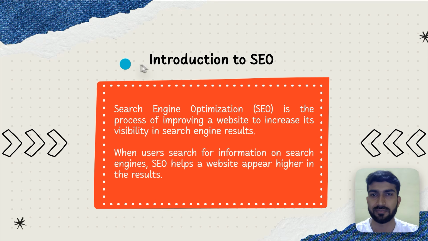If I am searching for a product and I see the first four or five websites, I will click on that website, go to the product page, check the prices, and purchase that product from that website. How does it become possible?